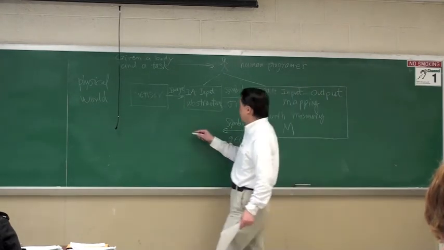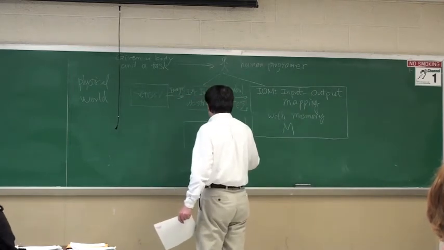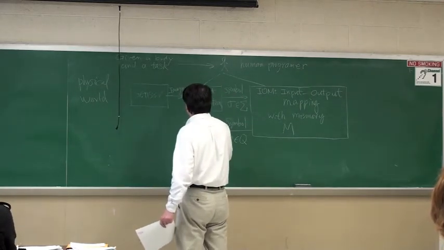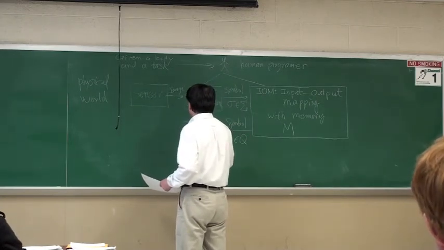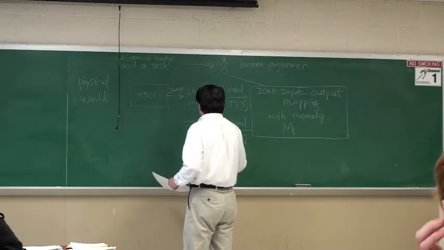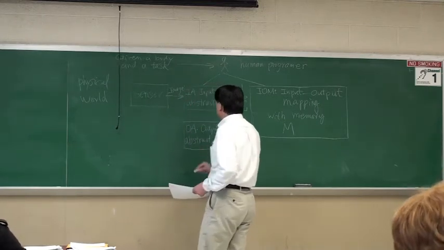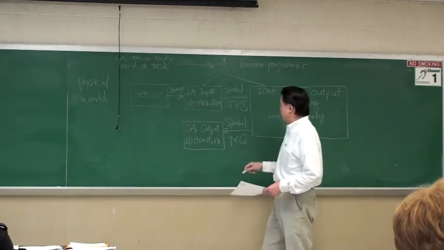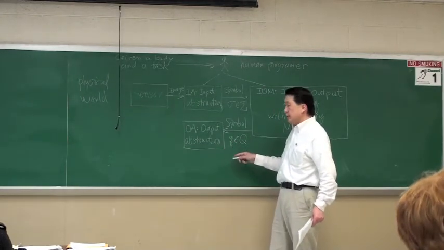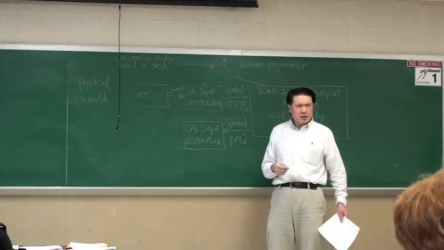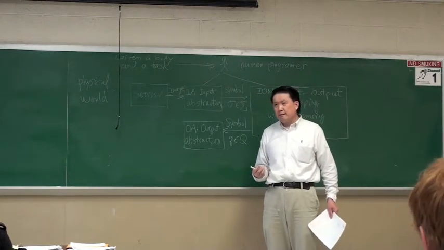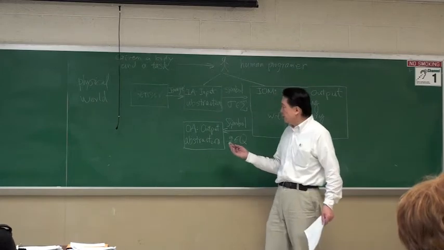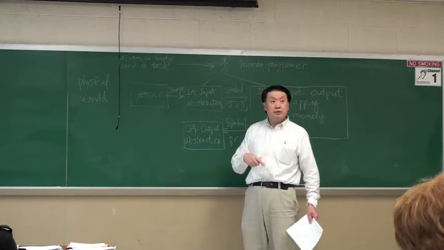Then that output needs to be transformed by output abstraction. For a robot, if I say Q1 means slow, Q2 means medium speed, Q3 means fast speed, all right? You really need to convert it into a real value.